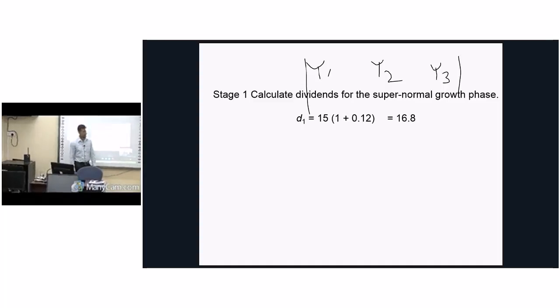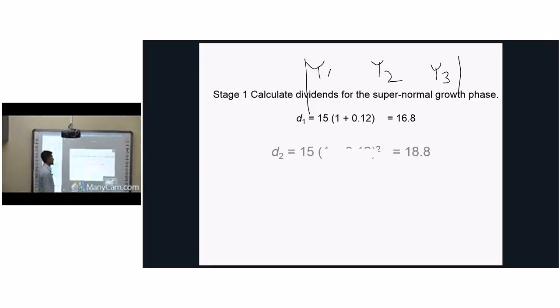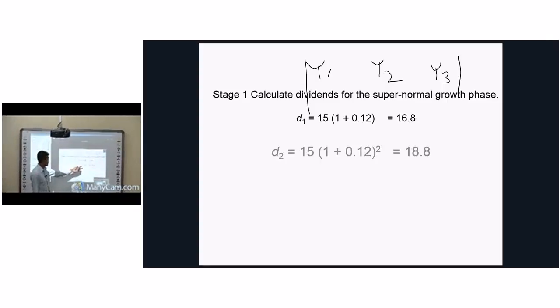Fine. And if you go to the second year, we believe the growth rate in year 2 is also 12%. So therefore it will be increased twice. In other words, it's like inflation. In both years it will increase at 12%.